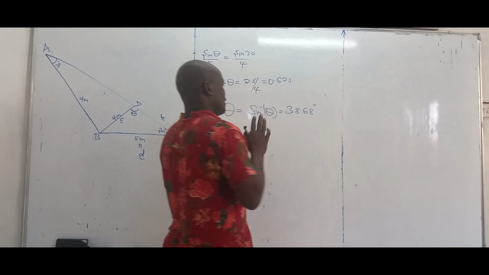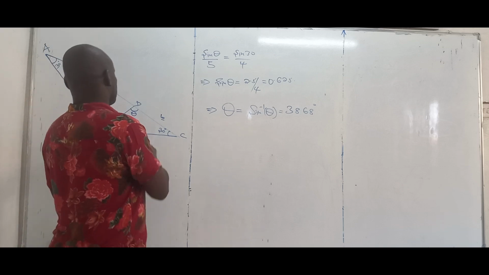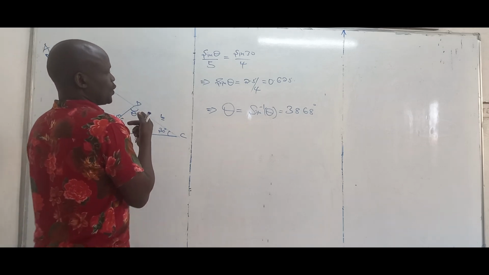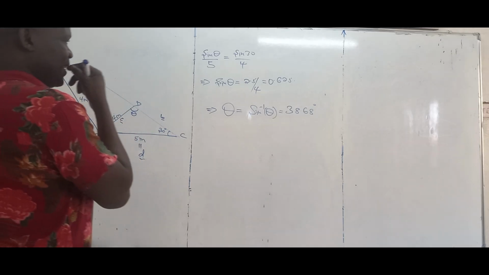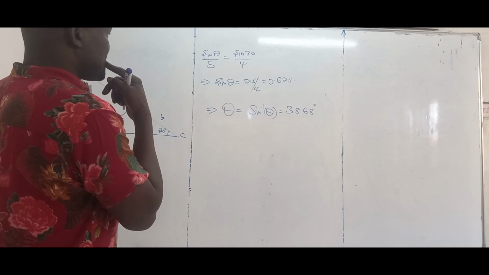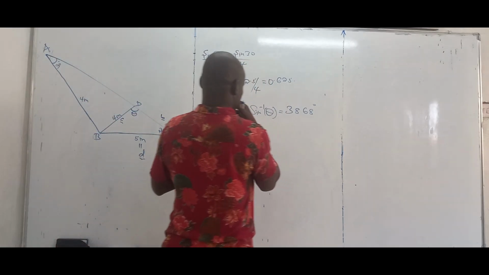38.68 degrees. But look, we are told that this angle theta is obtuse. So we get it by subtracting this from 180.